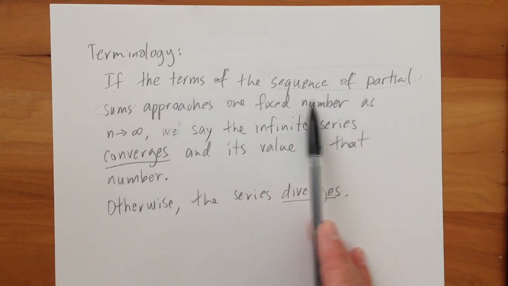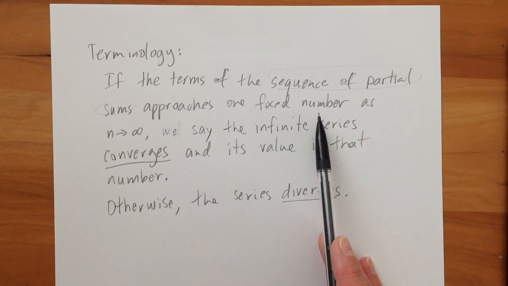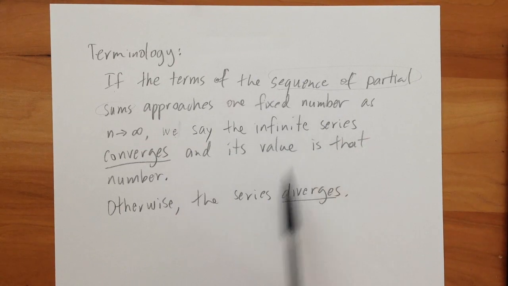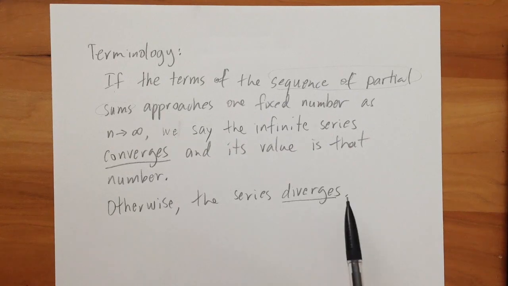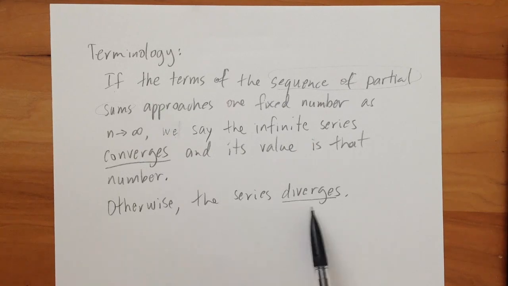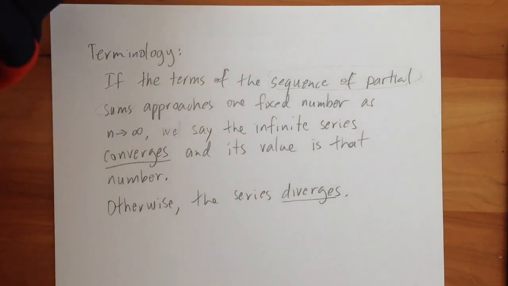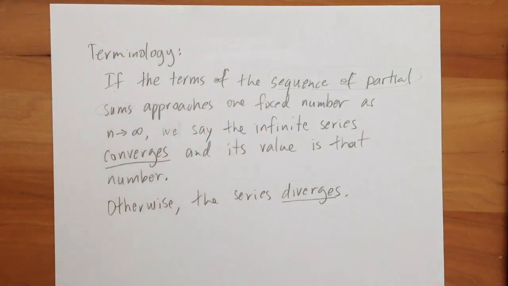If the terms are not approaching one fixed number, okay, maybe they're bouncing back and forth between numbers, or maybe they're getting infinitely large, if they don't approach one fixed number, then we say that the series diverges. Okay, it doesn't sum to any fixed number.